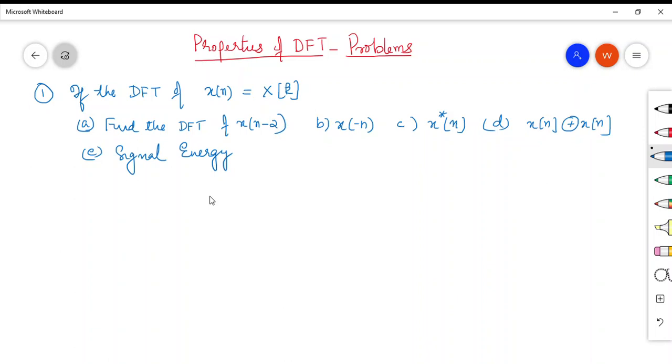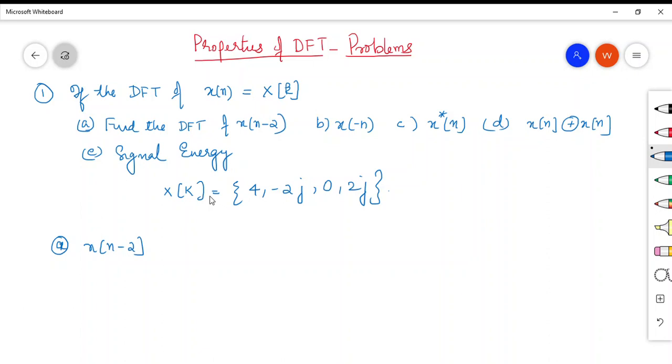Now your X of k is given. This is given in the question: 4, minus 2j, 0, 2j. Okay. Now first, you have to find x of n minus 2.